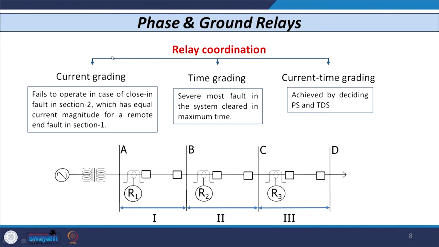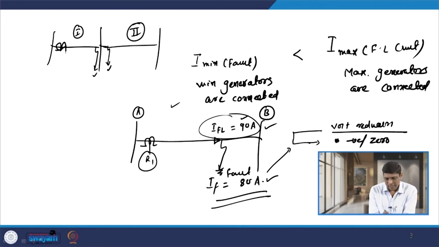The second type of coordination procedure is known as time grading. So, we carry out the coordination of relays based on time. However, this method is also usually not used in the field because the most severe fault is cleared by a very long time delay. The best example: let us say we have a relay R1 and relay R2 in section 1 and 2.